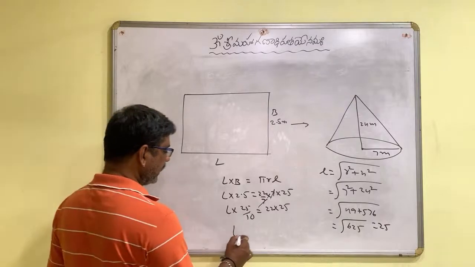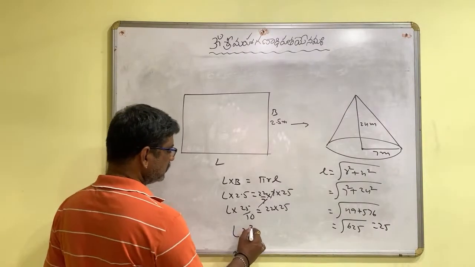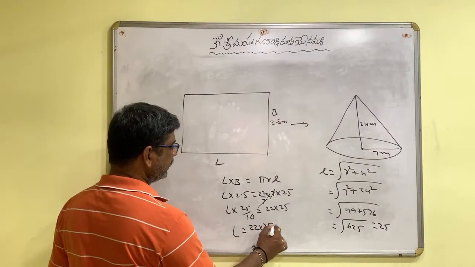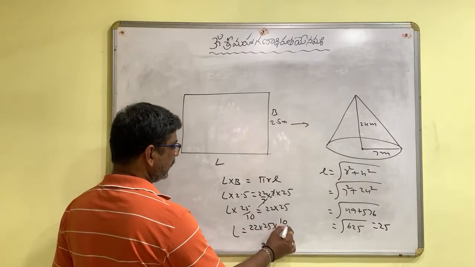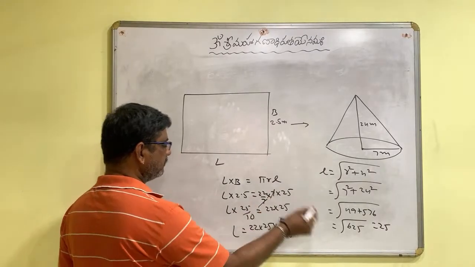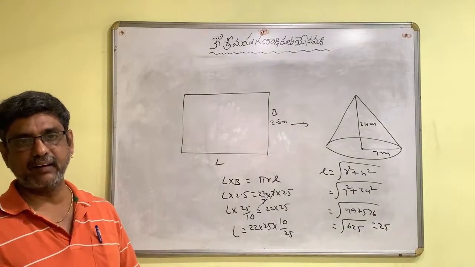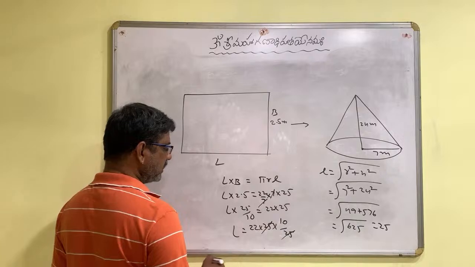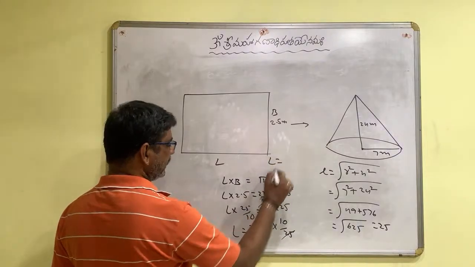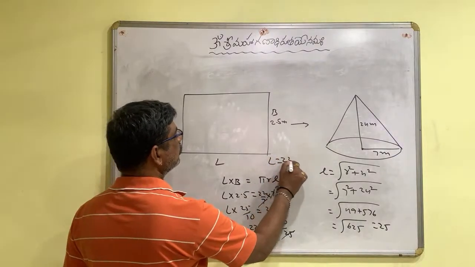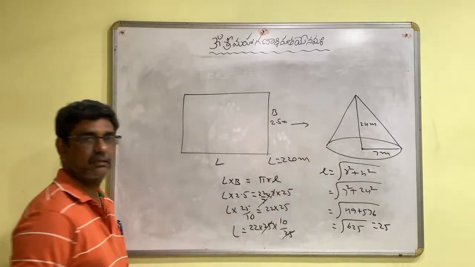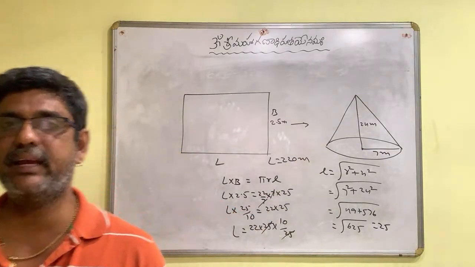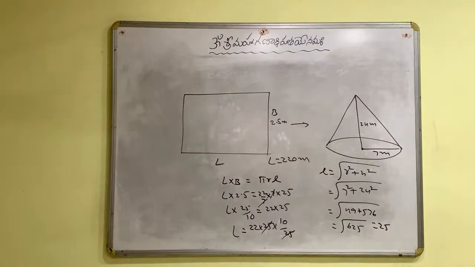Then length is equal to 22 into 25 into 10 by 25. This 25 by 10 will go to that side and get reversed. So 25 gets cancelled. So length of the rectangle is 220 meters.